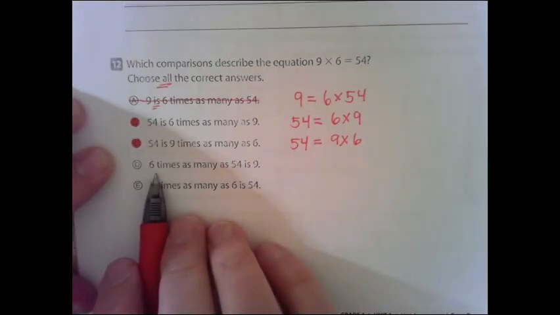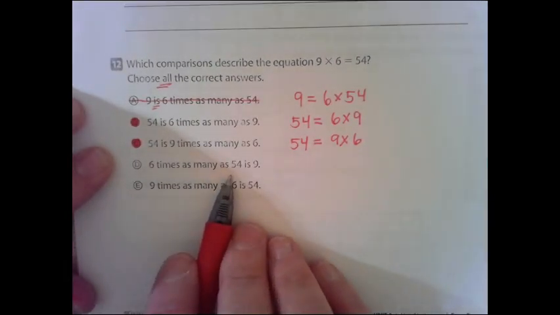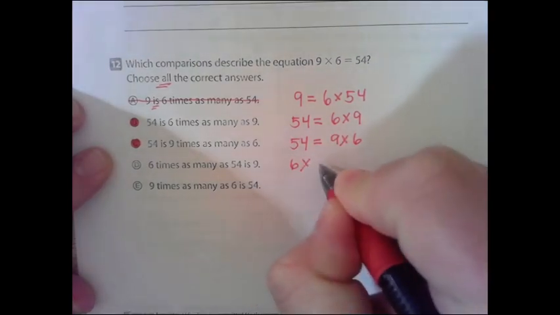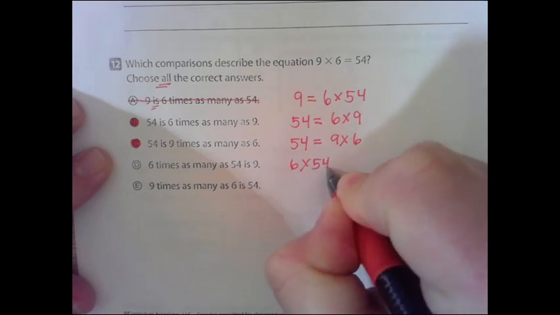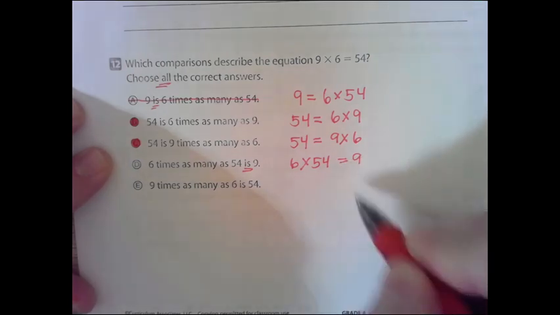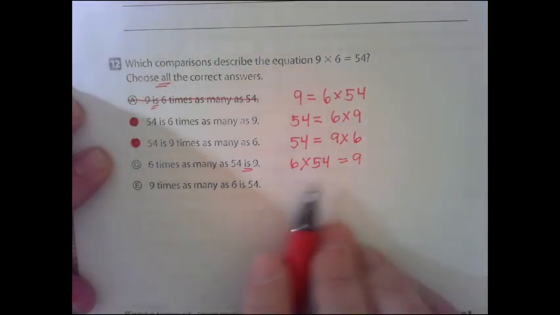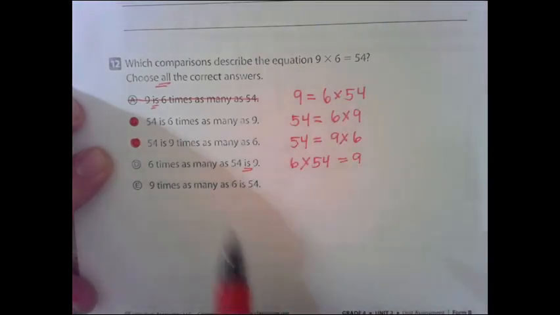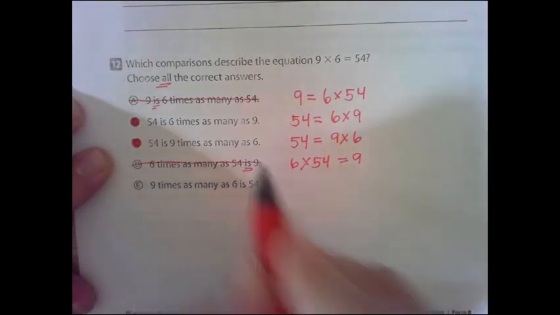D: 6 times as many as 54 is 9. Again, we're taking the word is and putting in an equal sign. Well, that does not look right, because it's not equal to 9. So we can eliminate that.